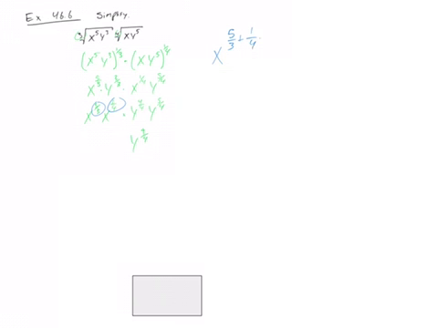So I'm going to multiply this one by 3/3 and this one by 4/4, and I end up with x to the 20/12 plus 3/12, which is x to the 23/12. And that is my simplified answer there.